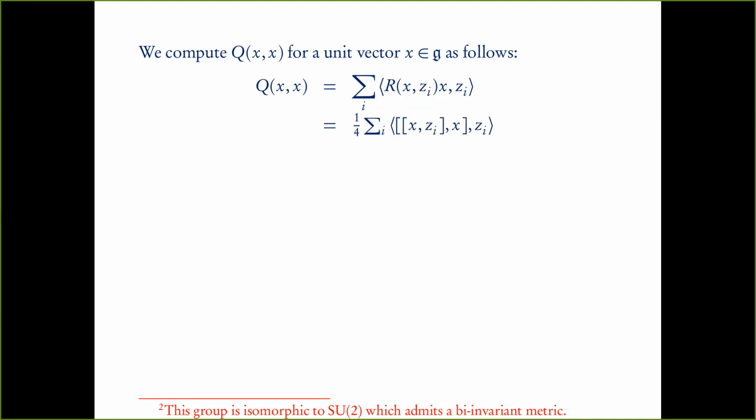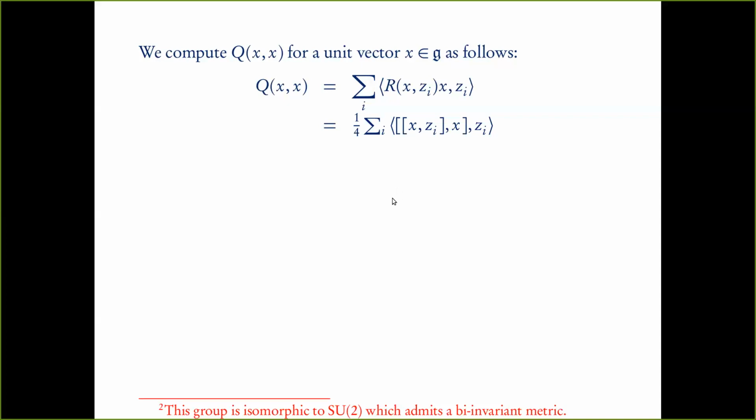So this is going to be 1/4, but now you just write down the Riemann curvature. The Riemann curvature is 1/4 of the Lie bracket. Remember, R(x,y)z was 1/4 [[x,y],z]. So I'm just substituting that formula over here. So instead of R(x,z_i)x, you simply get this Lie bracket, right?